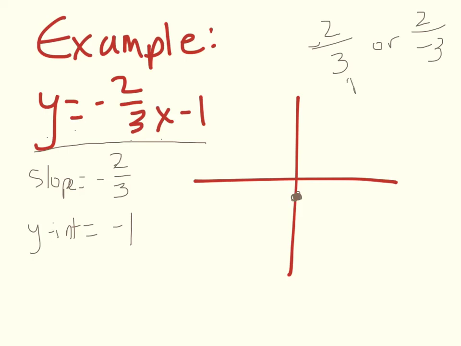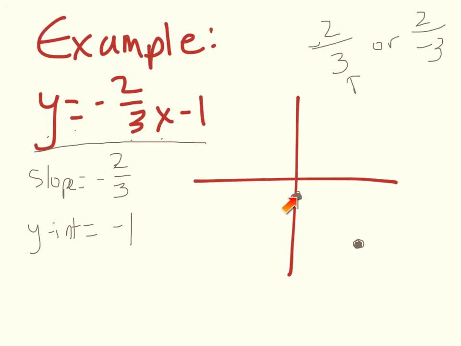I'll count it both ways just to show you. So let's do this first one, -2 over 3. So I'm going to rise -2. So I'm going to start here and I'm going to go down 2, and then I'm going to run 3. 1, 2, 3, and then I'm going to put my point there. Okay, now if I did it the opposite way, I could count 2 over -3.